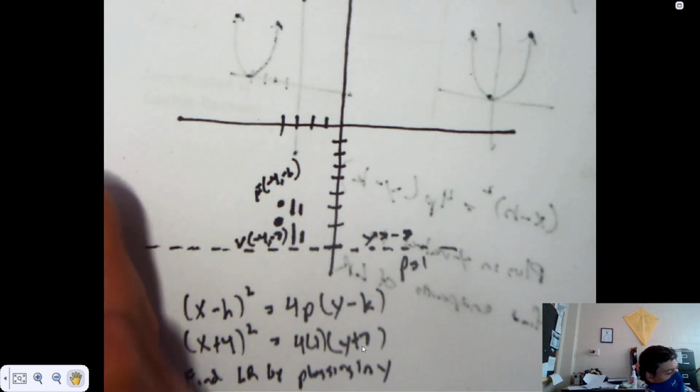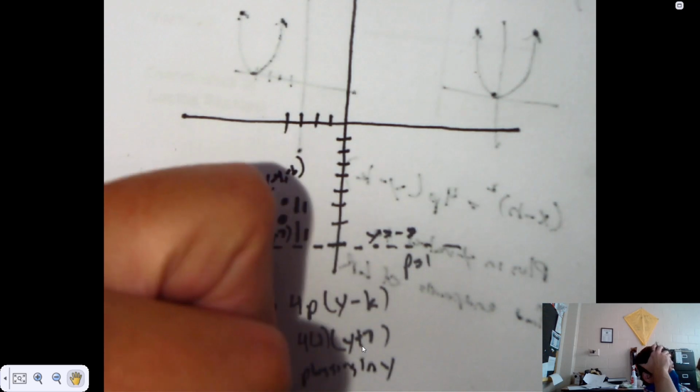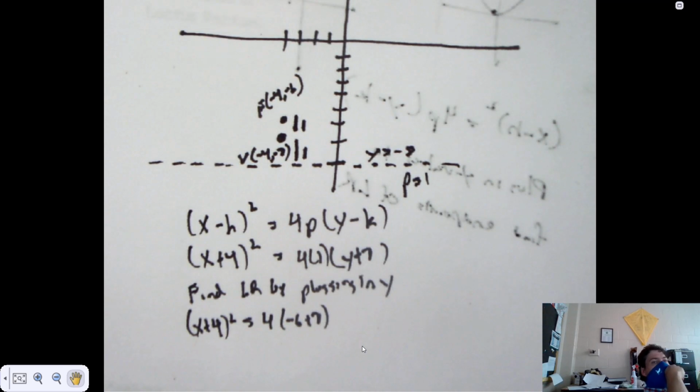So x plus 4 squared equals 4 times, what's the y value of the focus? -6. -6 plus 7. What is that 4 times that -6 plus 7?